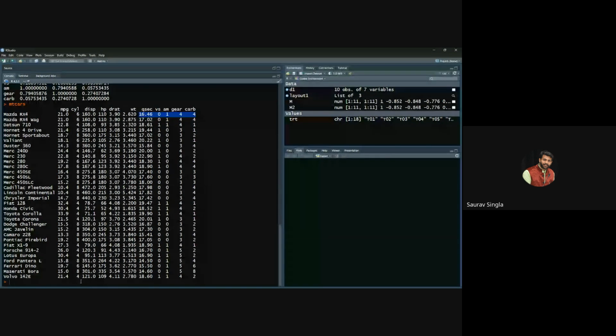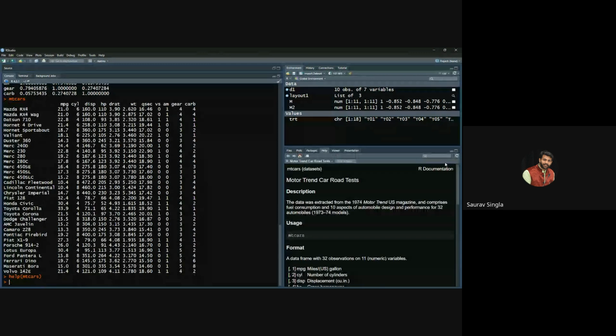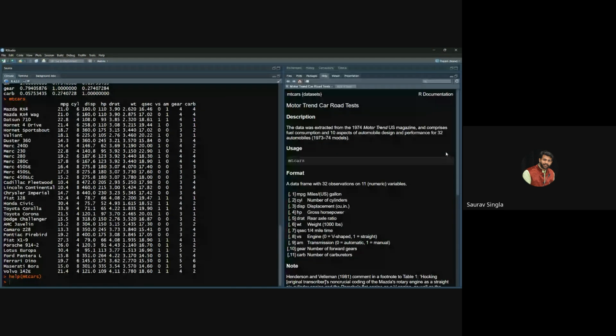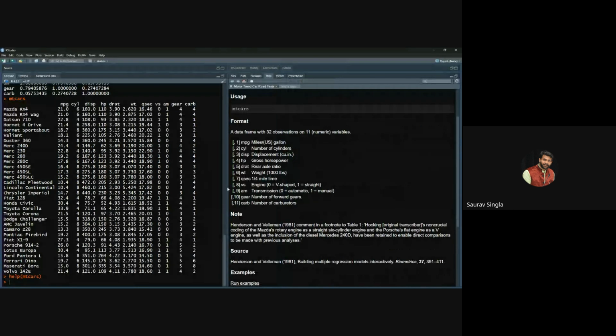Let's check the cars. Okay. And see here, in full detail it is written what all of it means. This is weight in lbs. This is rear axle ratio.